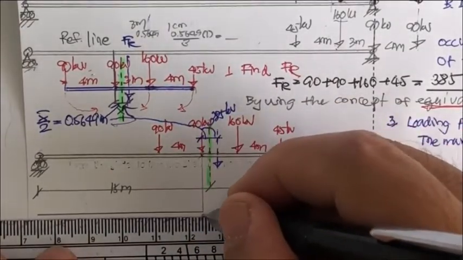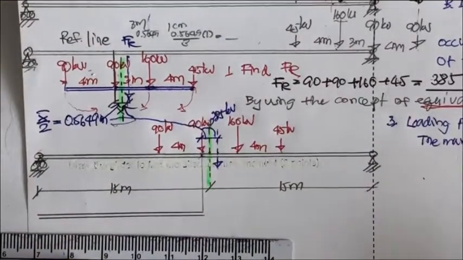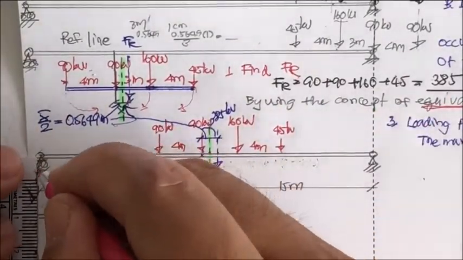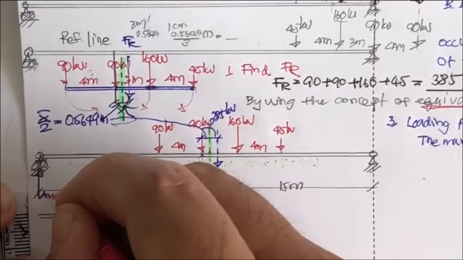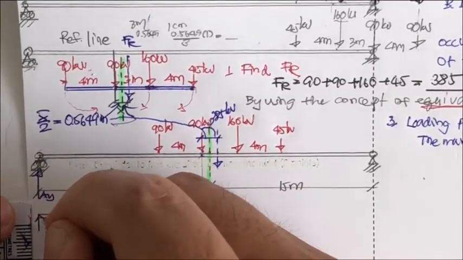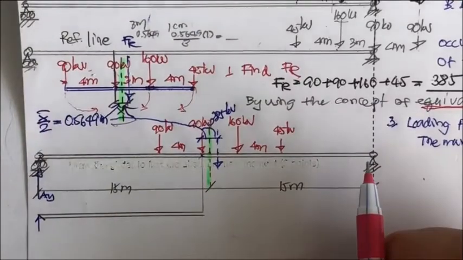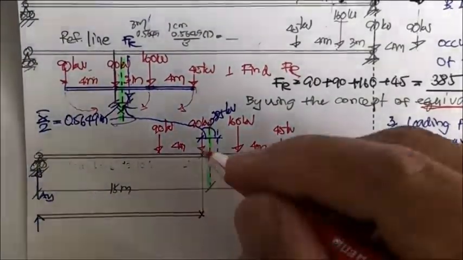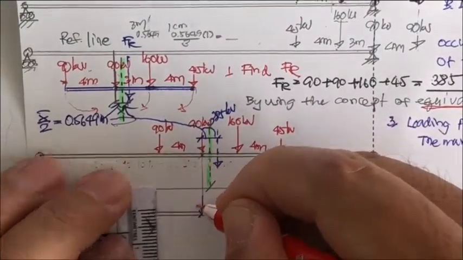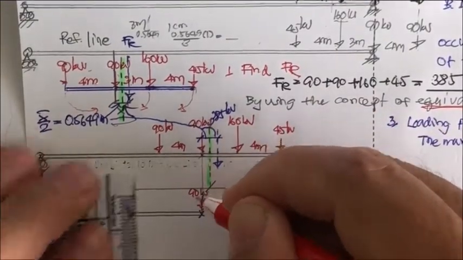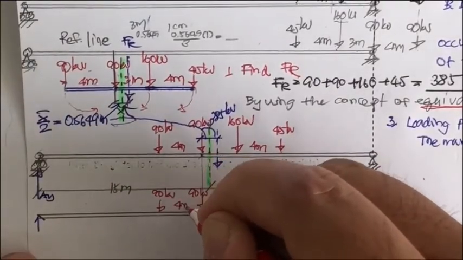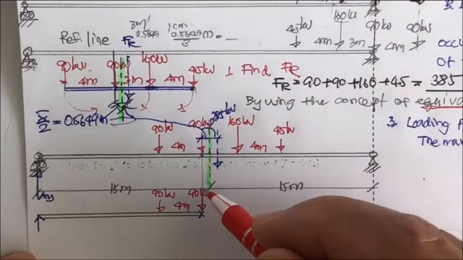So we will consider this free body diagram, and to consider this portion of the beam, that means we are going to determine the A sub y, and it's going to be X here, and the maximum moment is going to occur here under the 90 kilonewton. So this one is 90 kilonewton, and this one also 90 kilonewton. This is 4 meters, and the length of this is what?